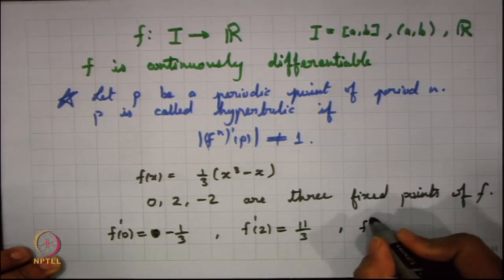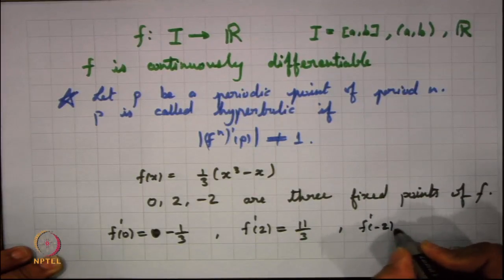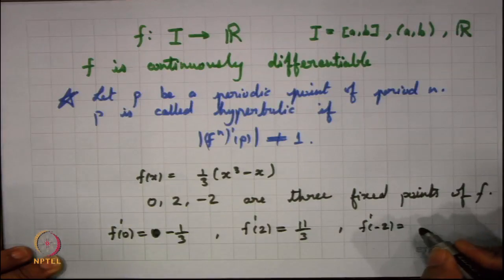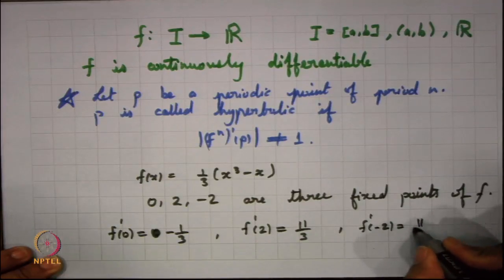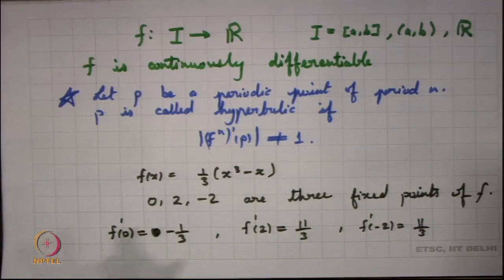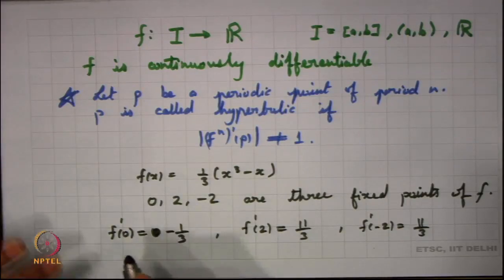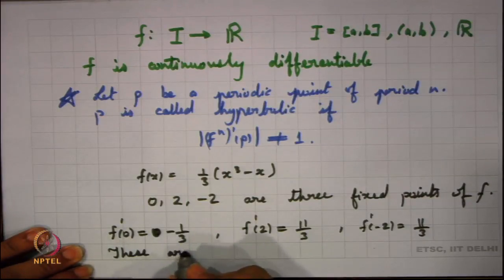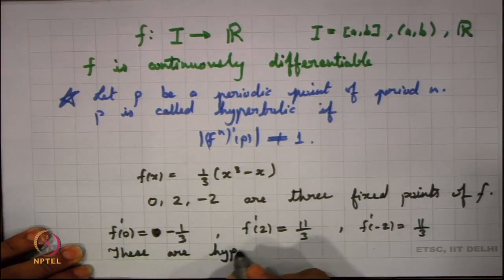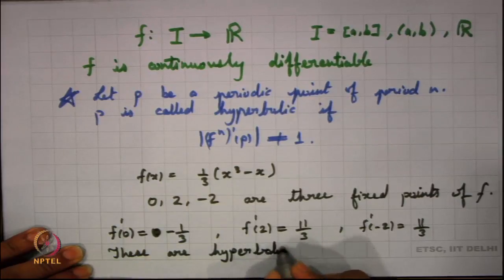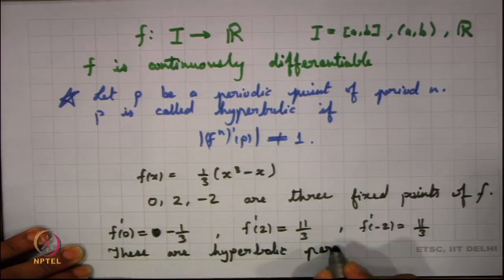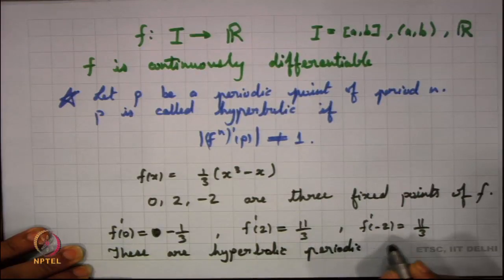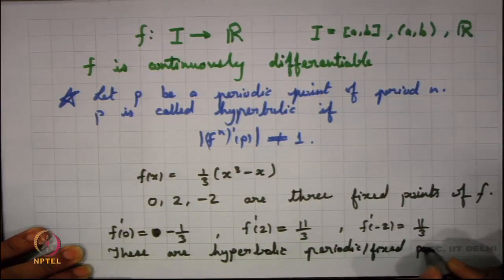And if I look into f prime of minus 2, again that happens to be 11/3. Clearly, these values are neither 1 nor minus 1. So, these are hyperbolic periodic points, basically hyperbolic fixed points.